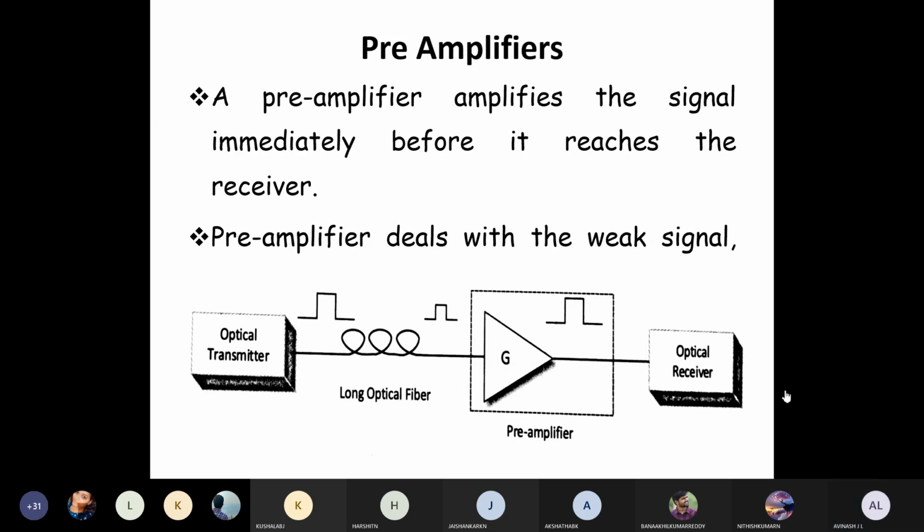The optical receiver is receiving the strong signal. Once the optical receiver is receiving the strong signal, what we can understand from that is that the optically transmitted signal and the received signal will be almost at the same intensity level.